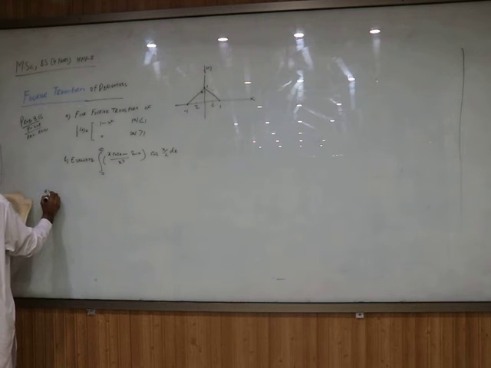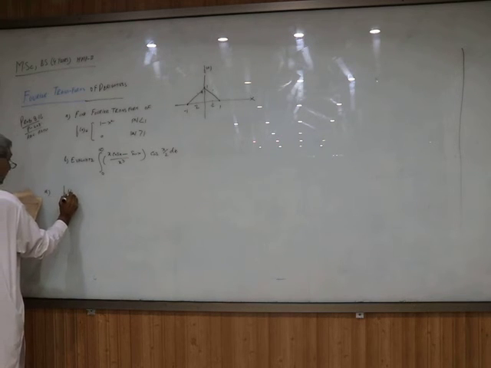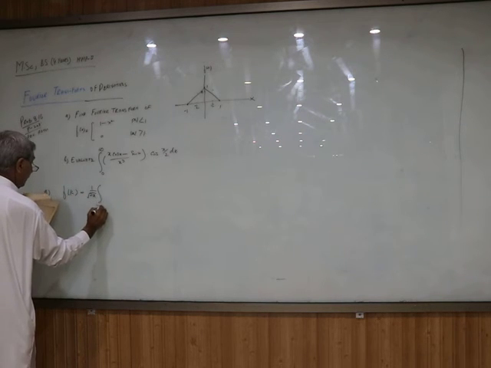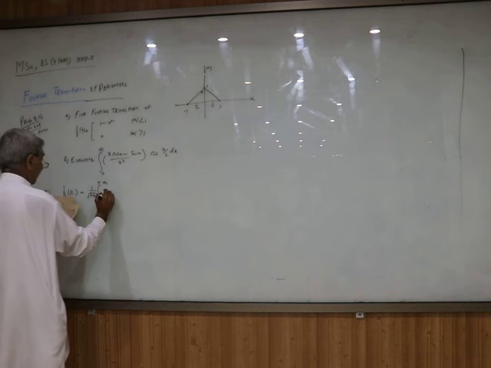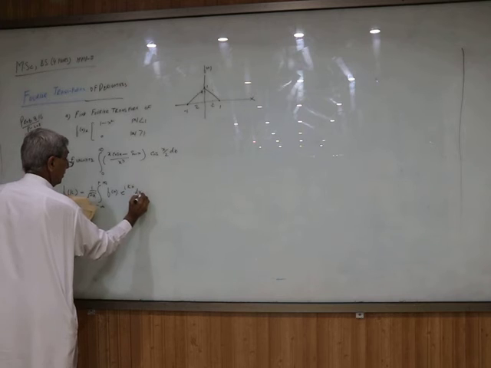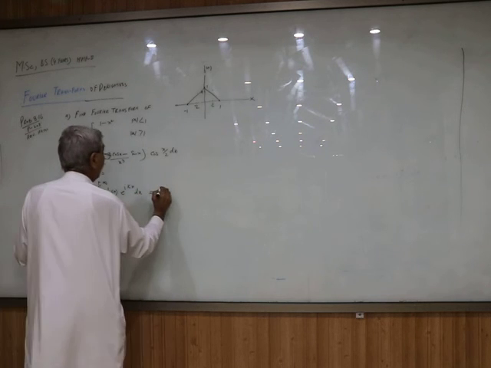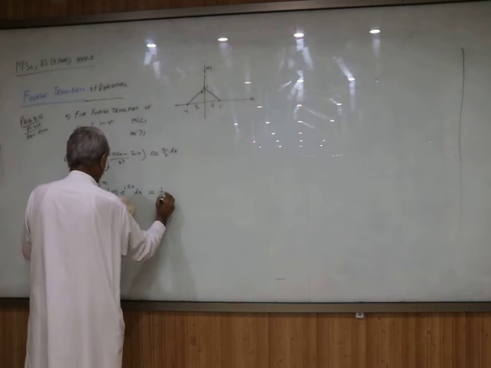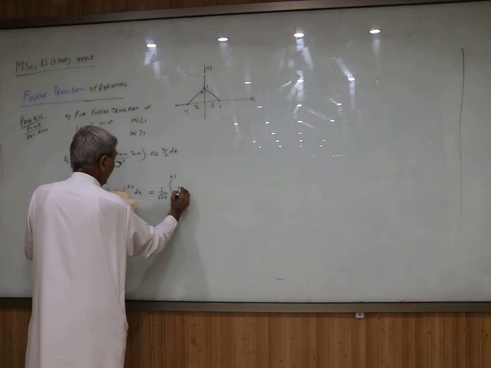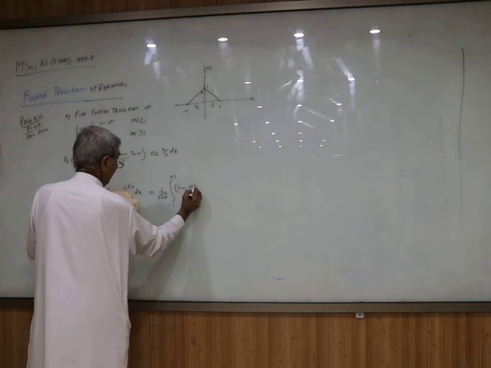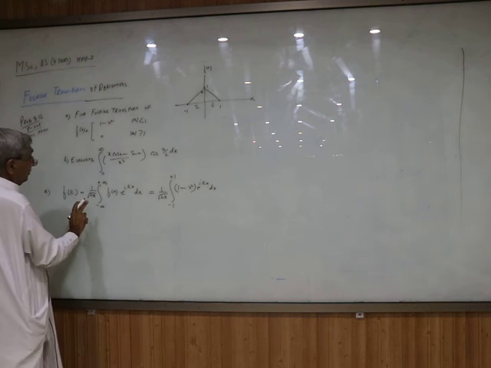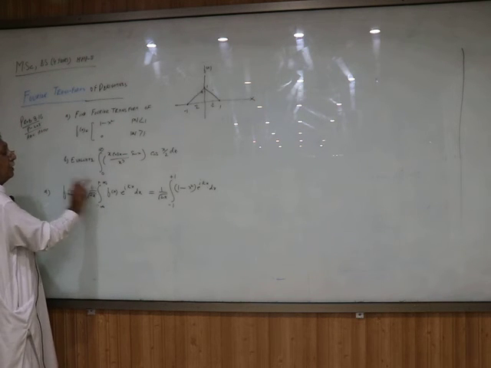For the A part, it says F(k) is equal to 1 over square root of 2 pi, integral from minus infinity to plus infinity of f(x) e raised to ikx dx, which can be written as 1 over square root of 2 pi, integral from minus 1 to plus 1 of 1 minus x square, e raised to ikx dx. Now remember, the integral starts from minus infinity to plus infinity.